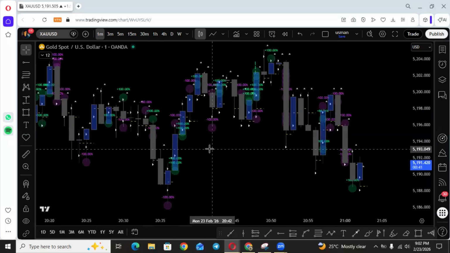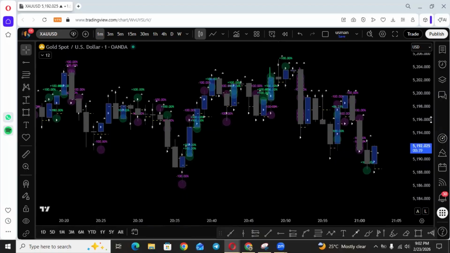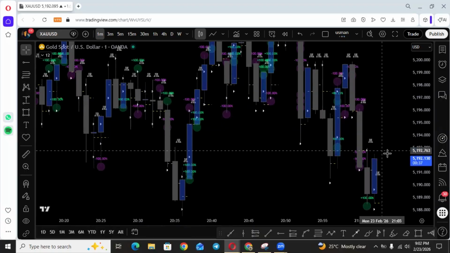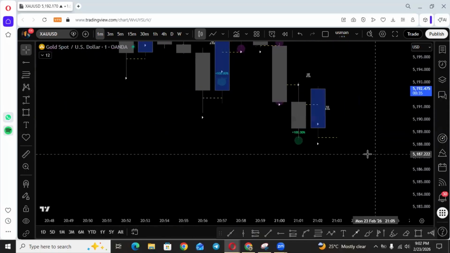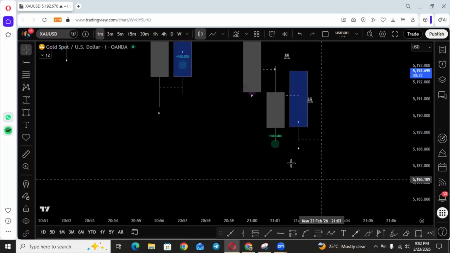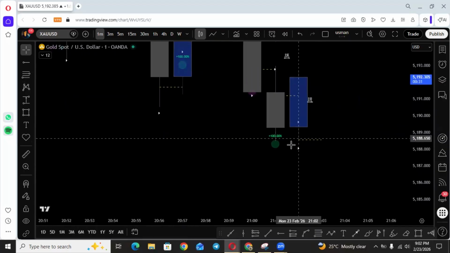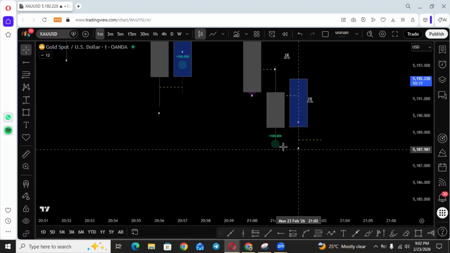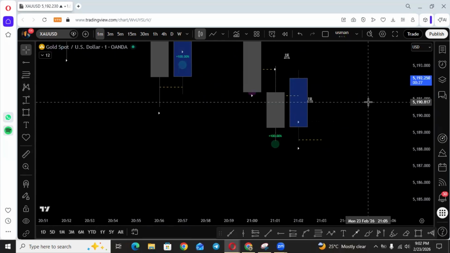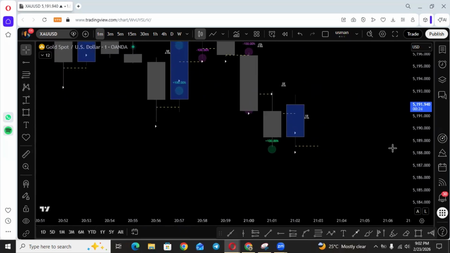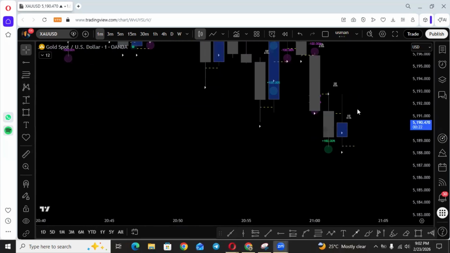Okay, absorption and exhaustion. This is the main tool, and look what is happening at this point. Buyers showed their aggression. There was 100% buying imbalance at the low of this sell candle, and this is not good for selling momentum. Why is this not good?